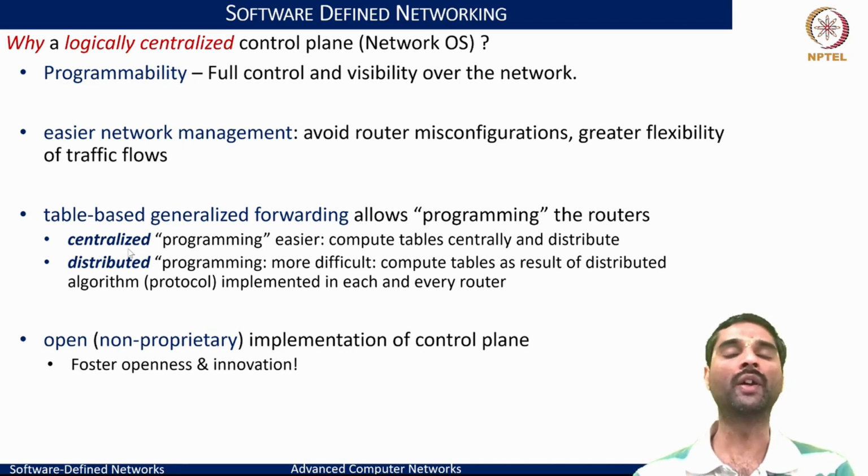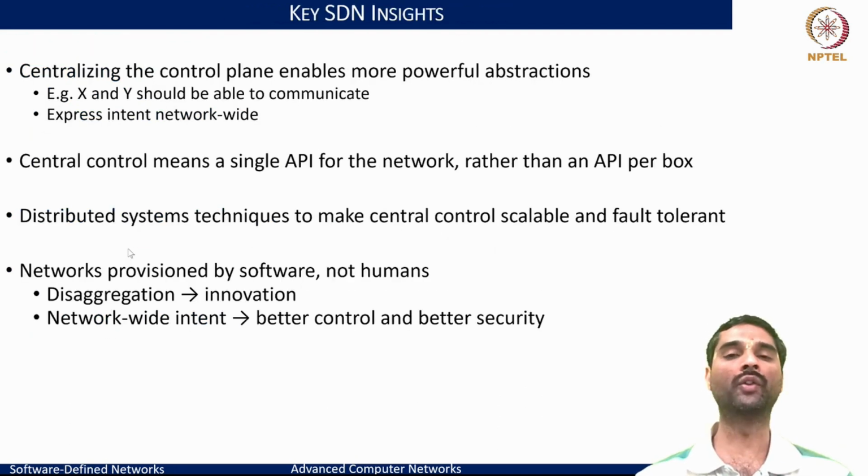And that's where SDN paved the mark and has been revolutionizing the networks, the way we deploy and the way we think of it. So to take out some of the specific insights here, with SDN, it all began with the centralizing of the control plane.